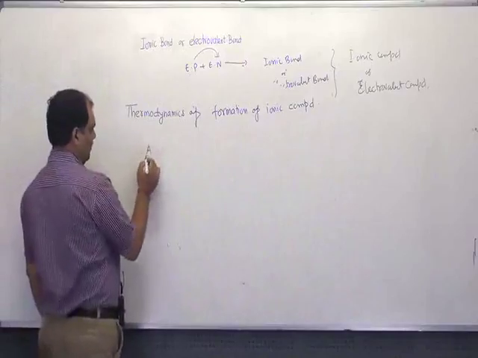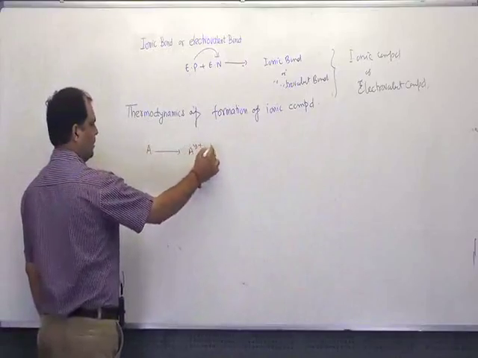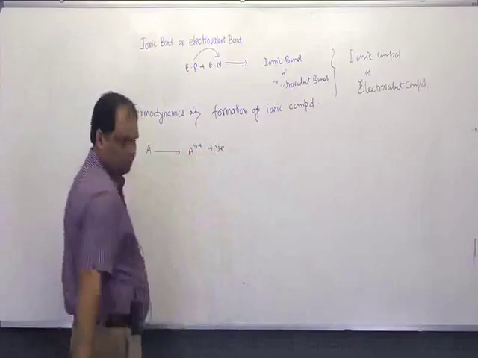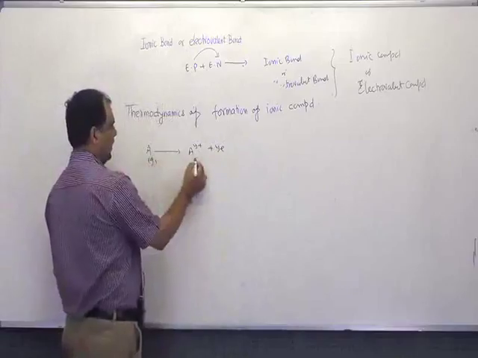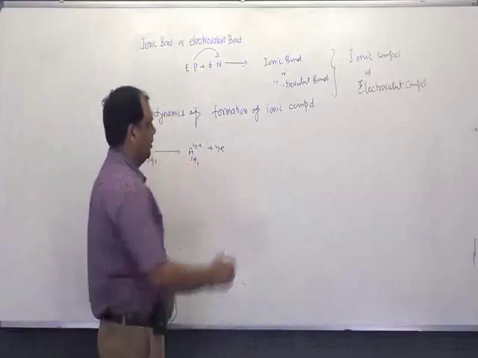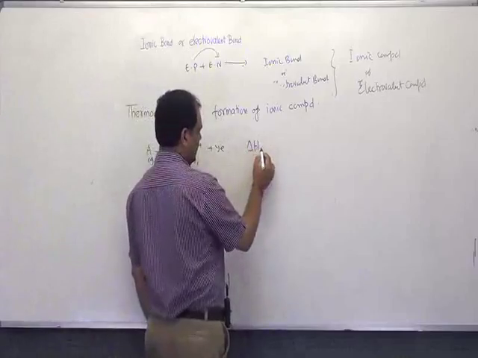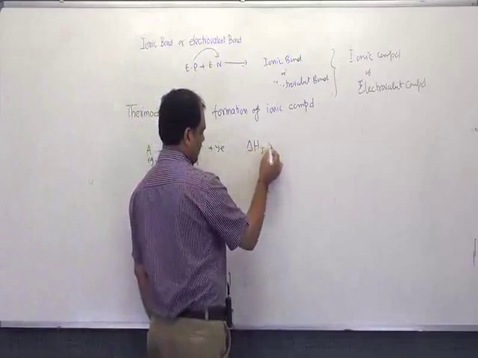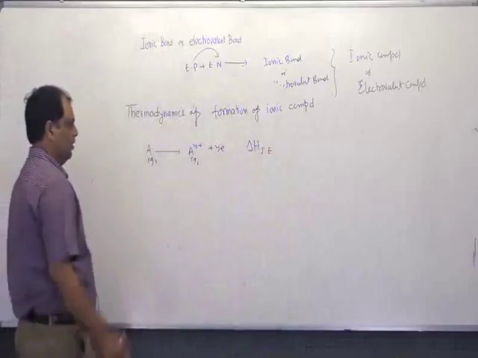Let's say there is an atom A. A is going into A^y+ plus y electrons. A in gas phase is giving y electrons. So what energy is required in this process? Delta H, ionization energy. This energy is called ionization energy.